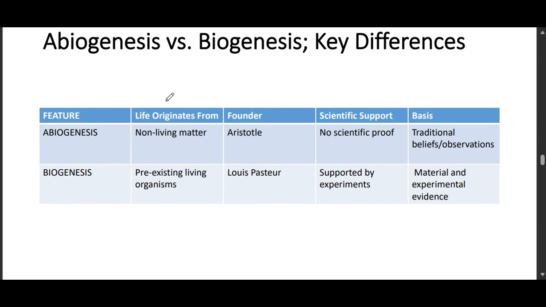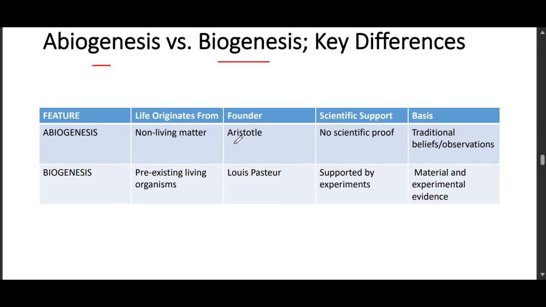Before we conclude with abiogenesis, let's highlight the key differences between abiogenesis and biogenesis. Abiogenesis considers the origin of life to be from non-living matter, while biogenesis tells us that life starts from pre-existing living organisms.